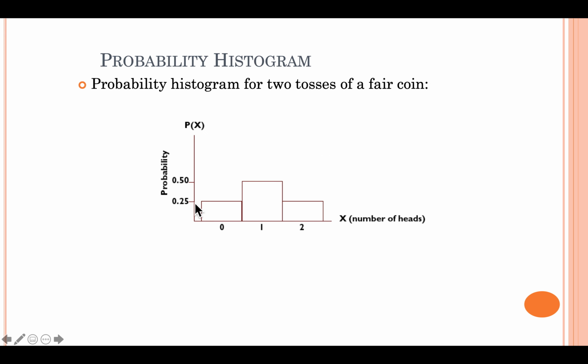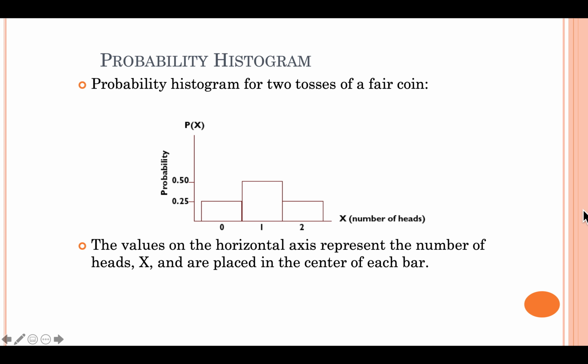In other more complex tables, we may have more varying probabilities in the second column, but for this example, it's pretty simple. There's just 0.25 and 0.5, and we build histogram rectangles where the value of X is centered beneath each rectangle, and the height of the rectangle is the same as the probability of that value of X. So for X equals 0, P of X was 0.25, and for X equal 1, P of X was 0.50, and for X equal 2, P of X is 0.25 again.